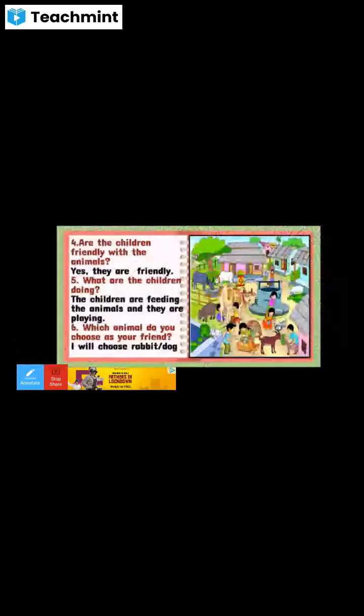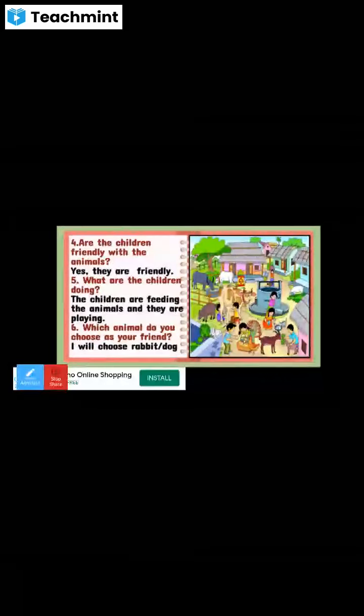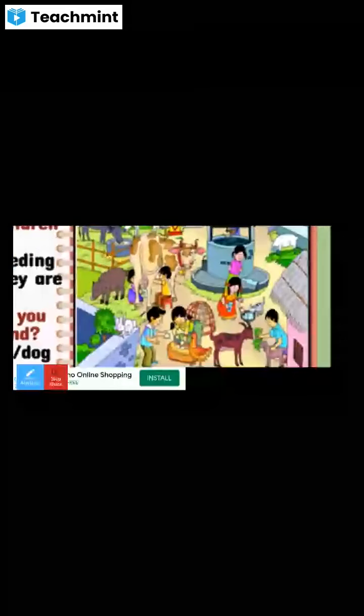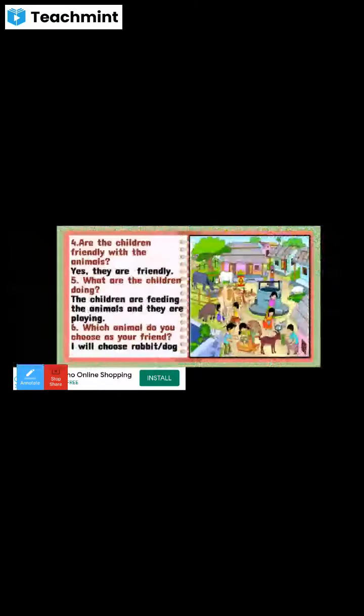Number six, which animal do you choose as your friend? You can see more animals in this picture like pig, goat, hen, rabbit, buffaloes. Which animal do you choose as your friend?